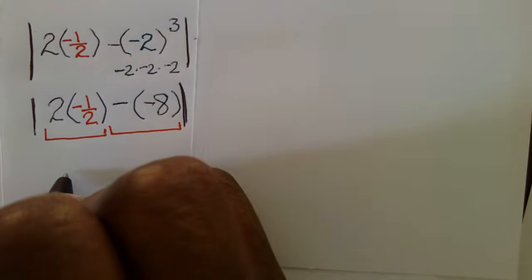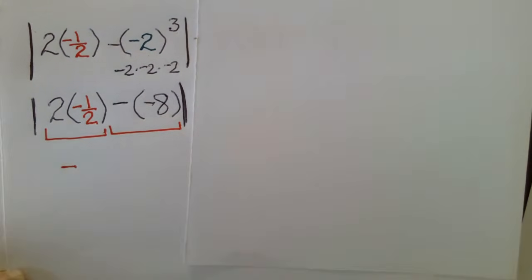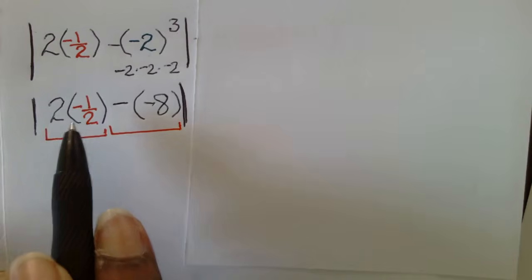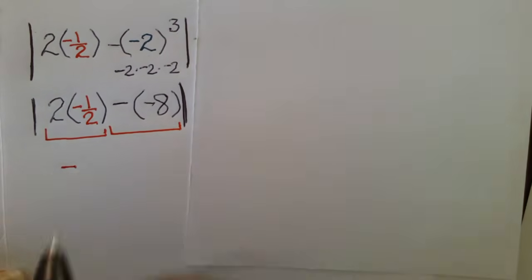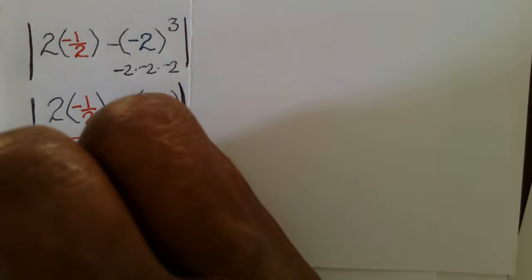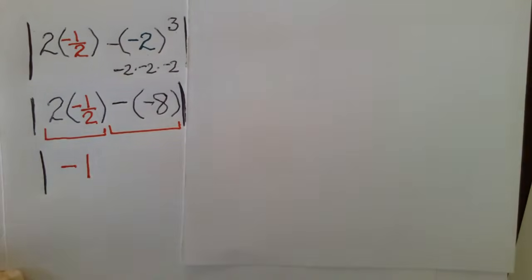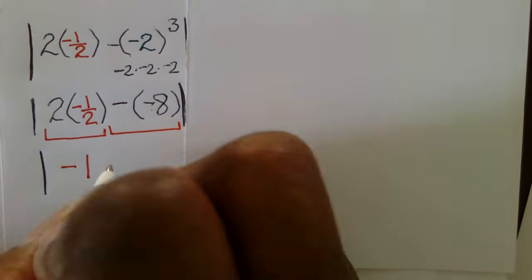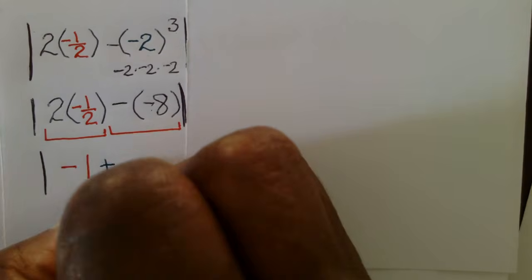So that's going to give me a negative. Now, what's half of 2? Half of 2 is going to be 1. Okay? And all of this is still happening in between the absolute value. So now here we have a negative times a negative. That turns positive.